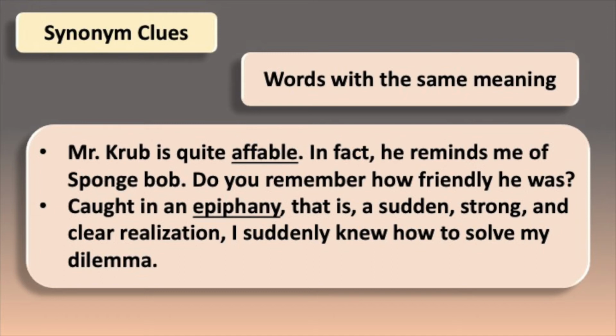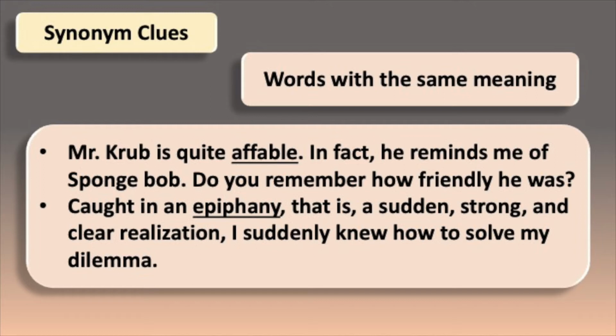Another thing that will help you know that the writing provides a synonym clue is when you see a word or phrase such as or, in other words, that is. By this we mean that is to say, and also known as in a sentence. Like for example, caught in an epiphany, that is a sudden, strong, and clear realization, I suddenly knew how to solve my dilemma.